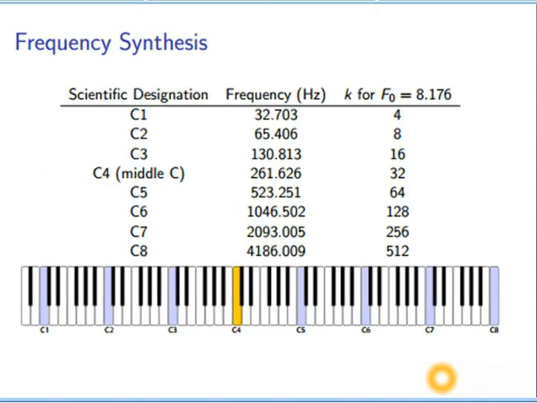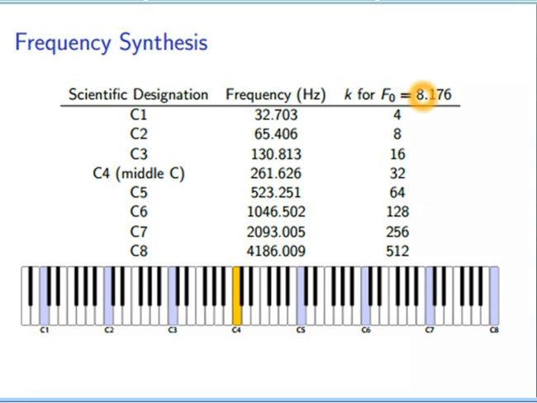Here is another example. You may be familiar with musical instruments with different notes, C1, C2, C3, C4, etc. Different notes have different frequency components. In this case the fundamental frequency f0 is 8.176, and this is the fourth harmonic of the fundamental frequency.